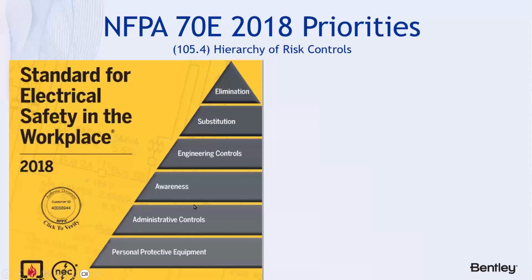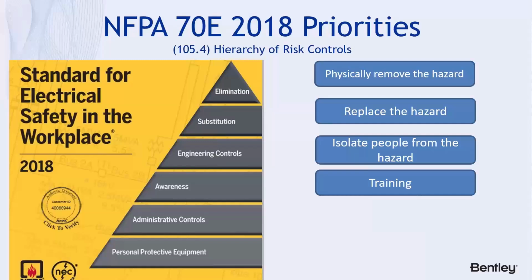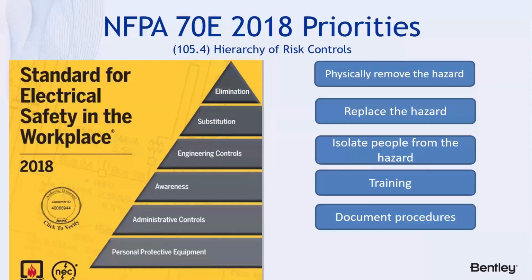Now I realize NFPA 70E has a more recent version than 2018, but I so much appreciate this cover for what it illustrates, and I think it's important to emphasize the pyramid for what's called the hierarchy of risk control methodology. The bottom line is in the early days of 1584, the whole focus was on calculating PPE and making sure someone had on enough PPE to withstand whatever that energy was.